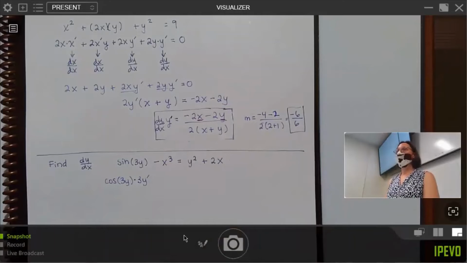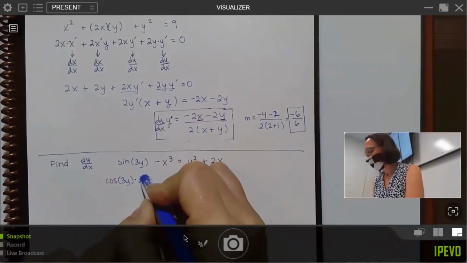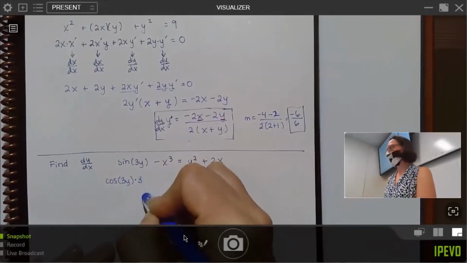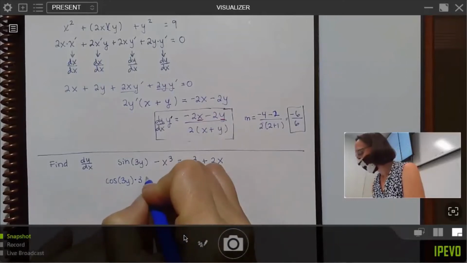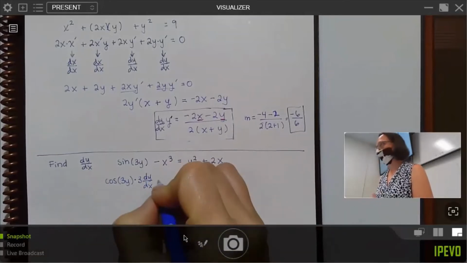Or if you want, you can just write that y prime as dy/dx. For me personally, the prime looks so much like I've written something raised to the first power that I prefer to write dy/dx. I know it gets a little bit messier, but it's ultimately in my best interest to write it that way.